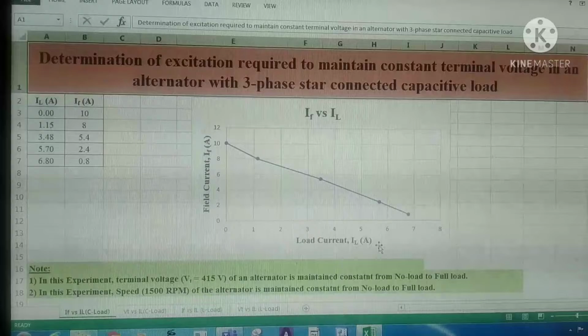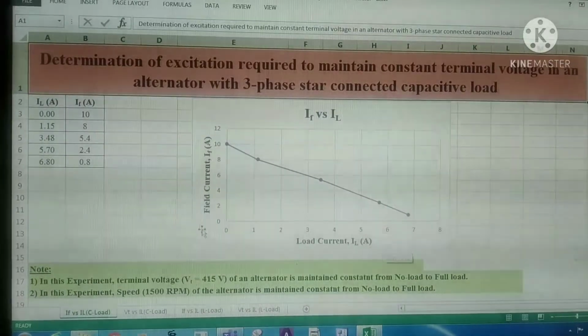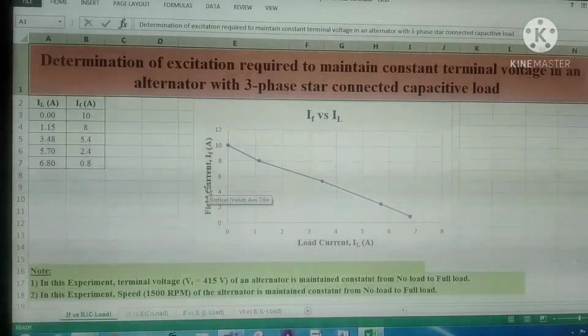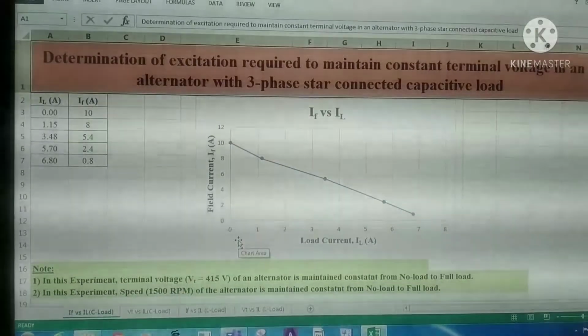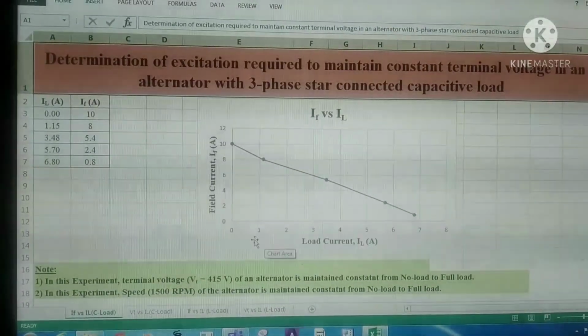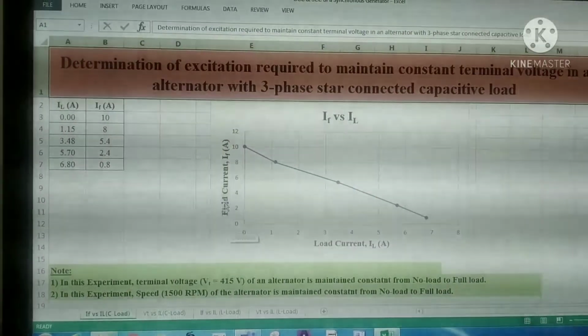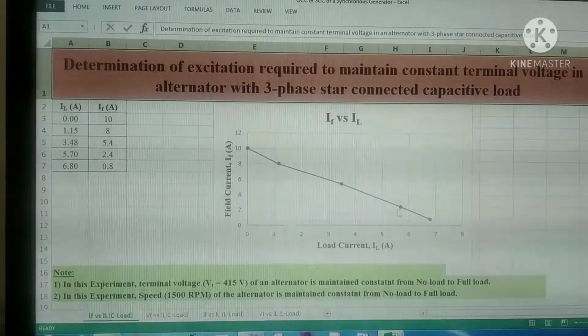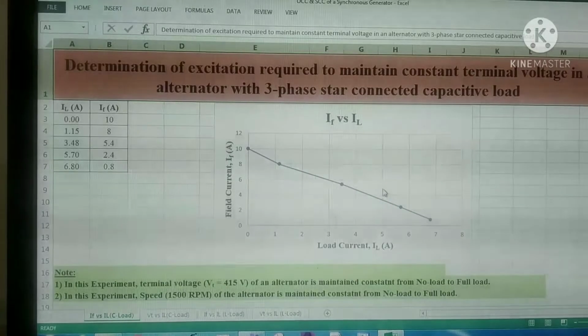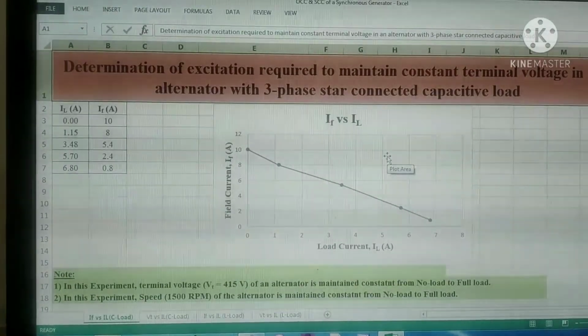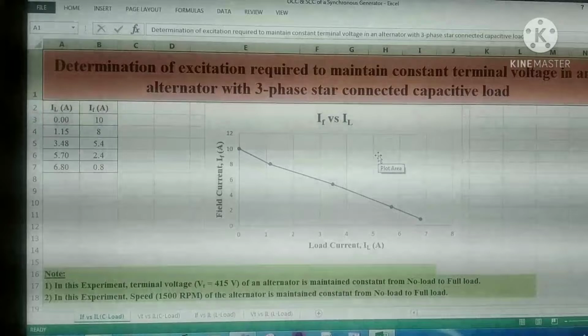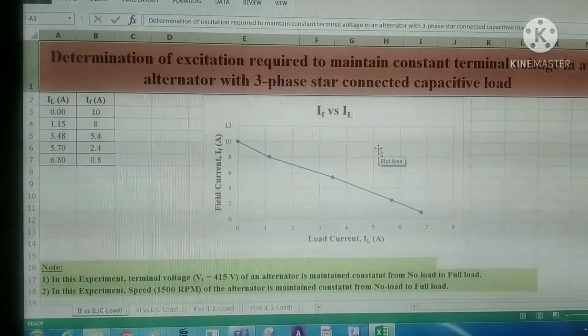On the x-axis we have taken the load current in amperes, on the y-axis the field winding current in amperes. If we observe these characteristics, if the load current increases, then the field winding current will decrease to maintain the constant terminal voltage across the stator winding terminals of an alternator.